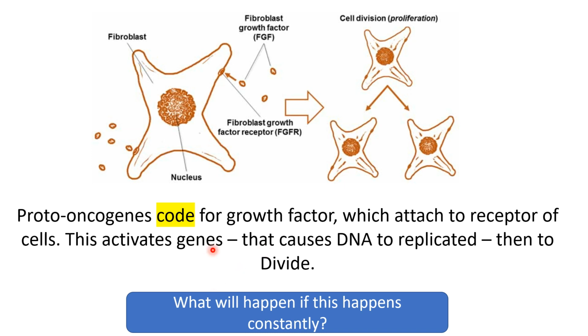So essentially what's happening is, in cancer, these growth factors are always binding to the receptor, i.e. the proto-oncogene is continuously, all the time, coding for growth factors, which is causing uncontrolled cell division.